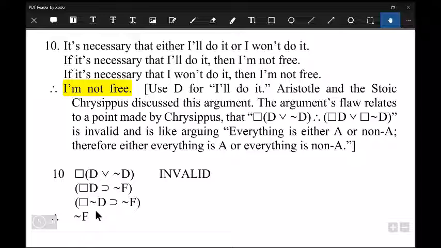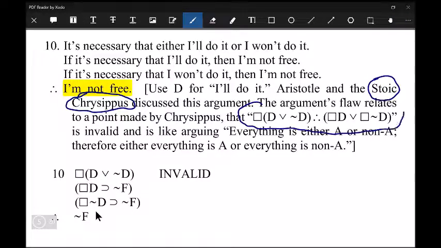Well, the Stoic philosopher Chrysippus, who was a pretty good logician actually, said that the argument isn't really valid. The problem is you can't go from it's necessary that D or not D, therefore either it's necessary that D or it's necessary that not D. That does not work.